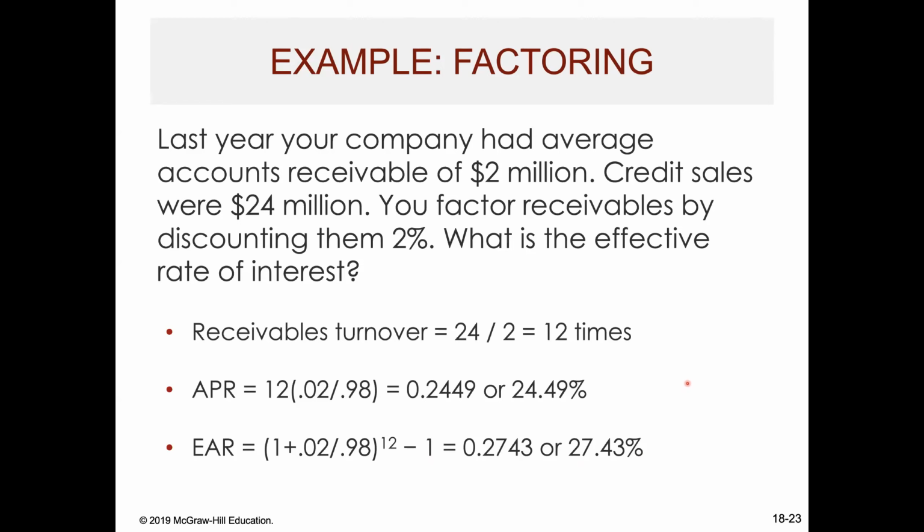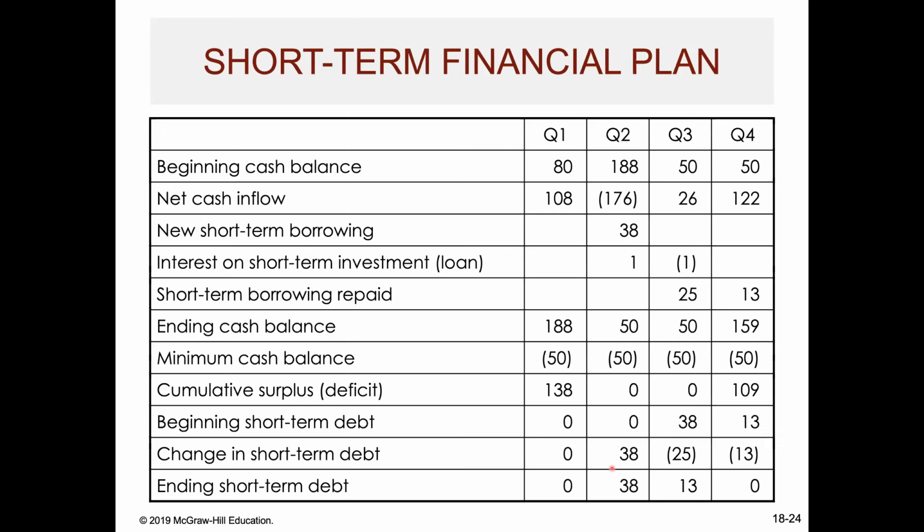So for every 30 days, we are paying 2%, but it's more than that because of the time value of money and compounding. We're actually paying an effective interest rate of 27%. That's very expensive financing, but companies do it all the time, especially when they have a significant need.